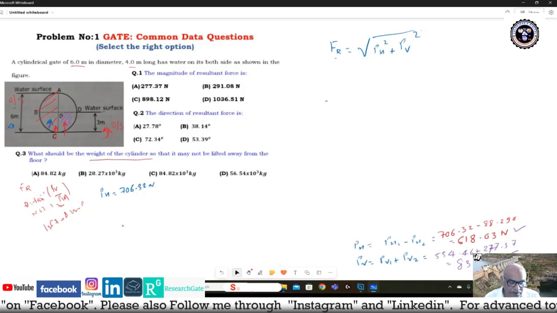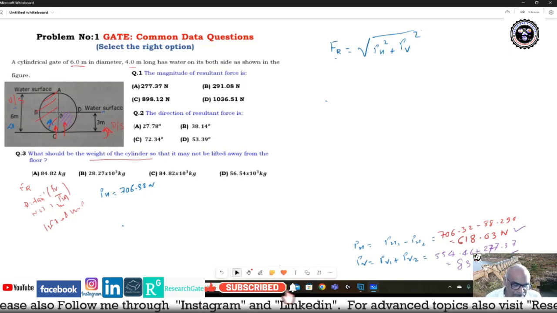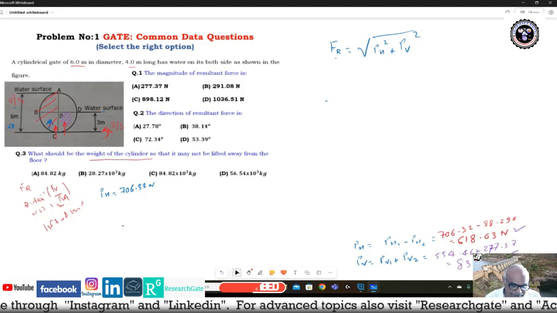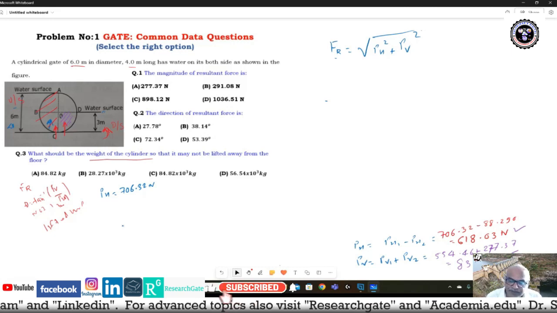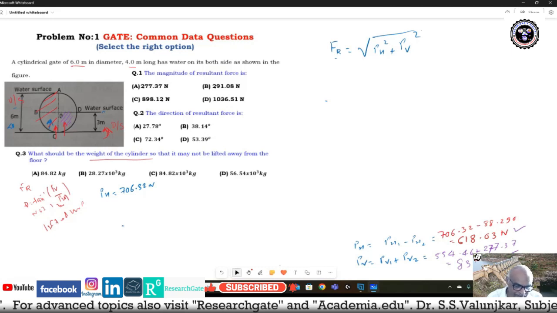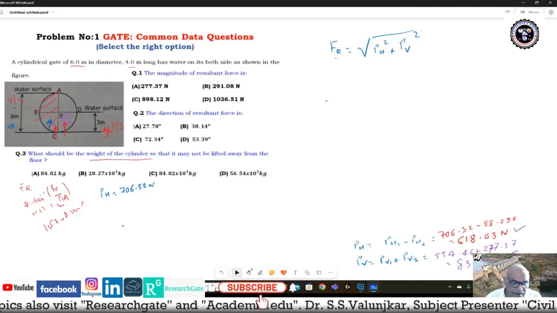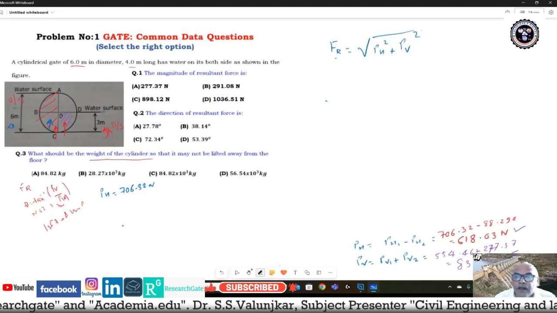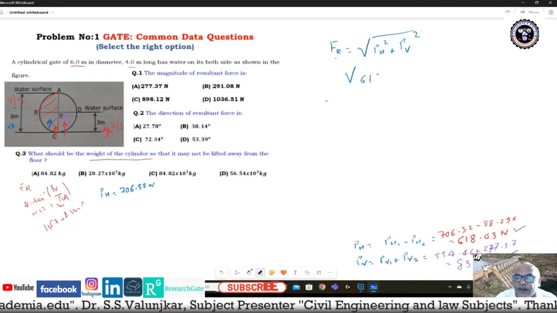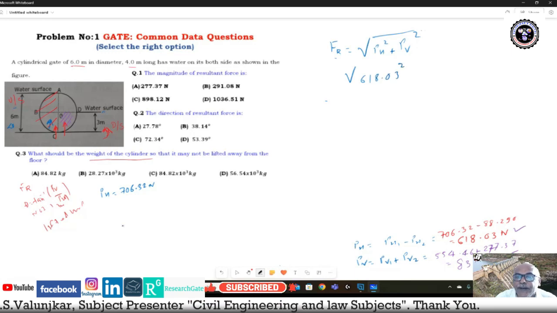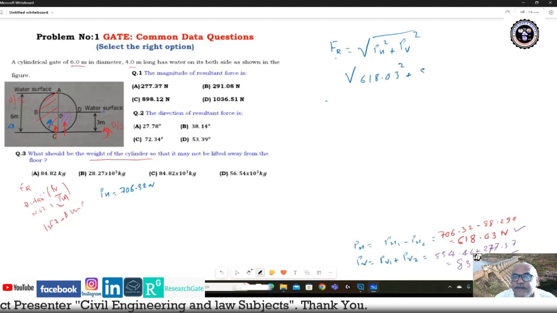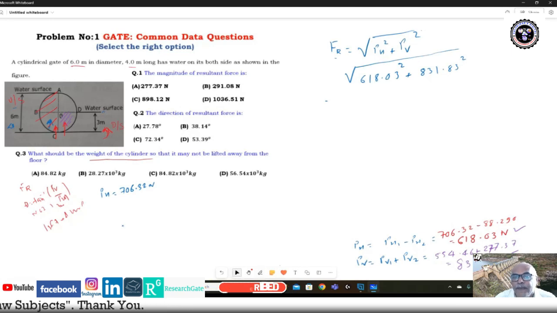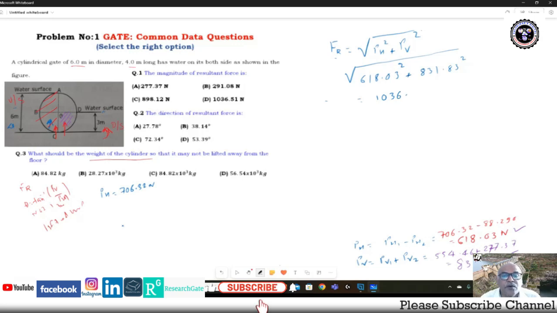So that is under root of 618.03 square plus 831.83 square, equal to 1036.51.